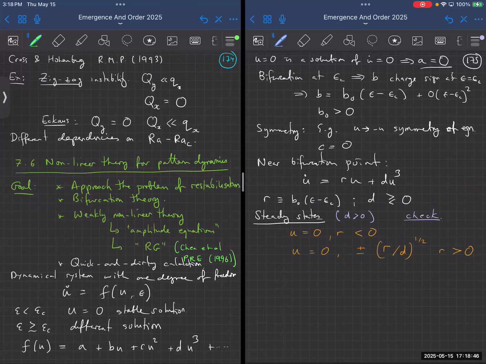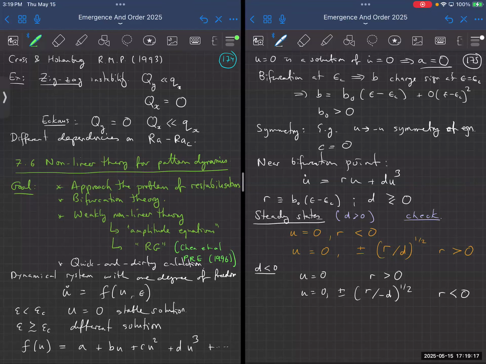If I have D negative, then I can have the following. U would be equal to 0 when R is greater than 0, but U could either be 0 or plus or minus R over minus D to the 1/2 when R is what?